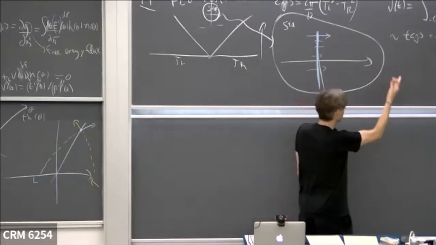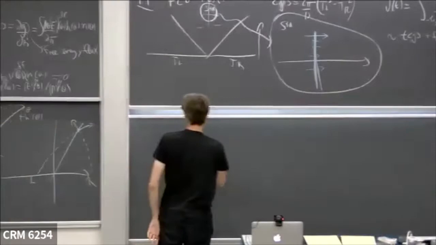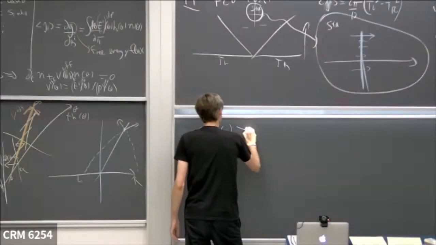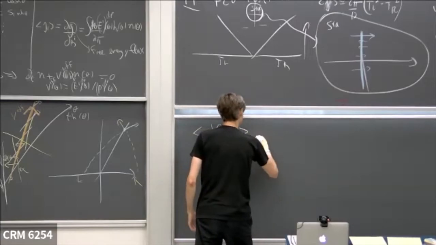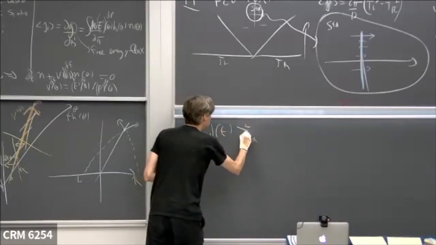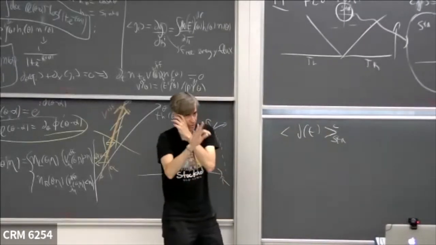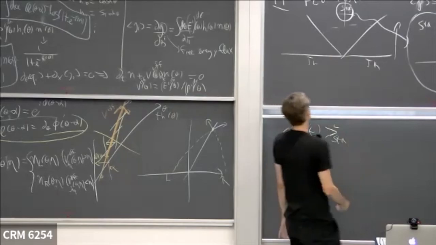So anticipating the situation, this is J of T. I would like to calculate its average within the stationary state, and maybe its cumulants; it's better to calculate the cumulants. I want to know how it goes.